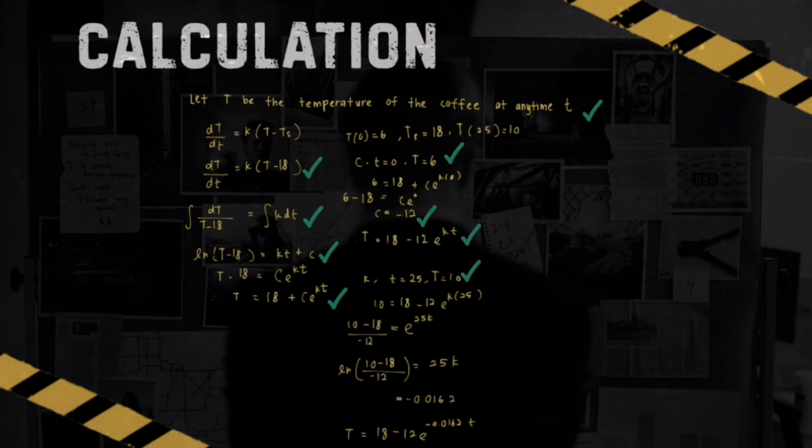Plugging these values in allows us to isolate e power of 25k, and by taking the natural log, we calculate our constant k to be approximately negative 0.0162. With that, our complete predictive model is T equal to 18 minus 12 e power of negative 0.0162t.